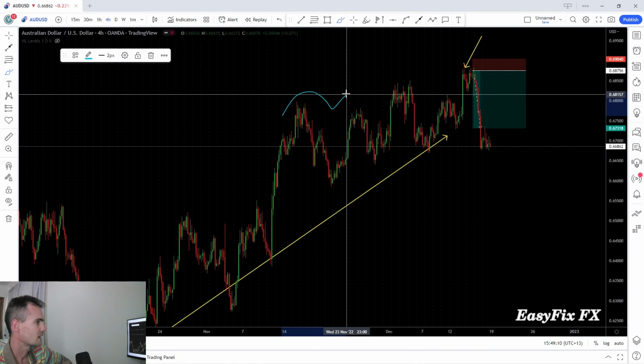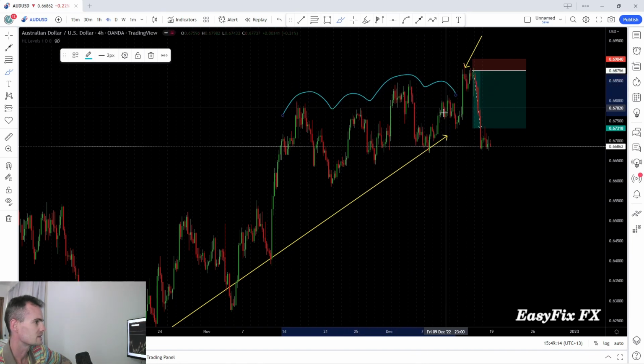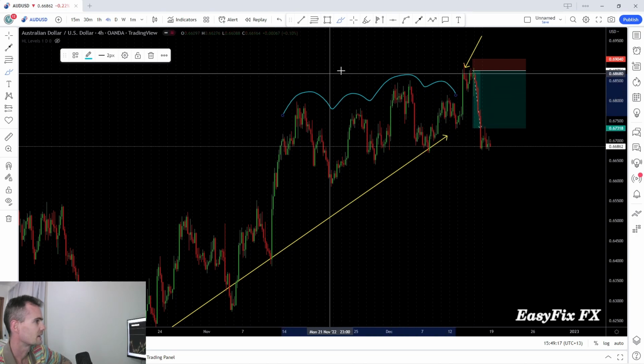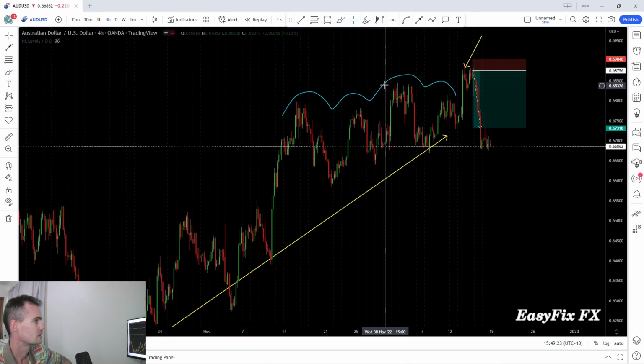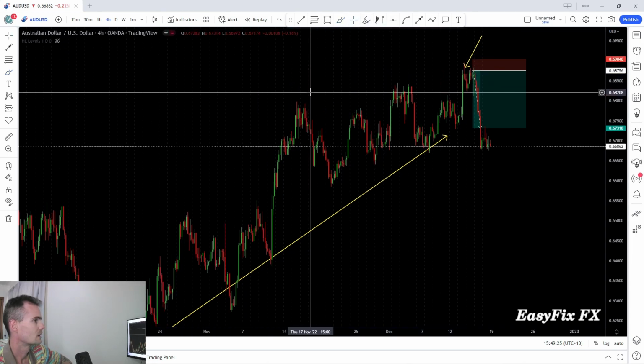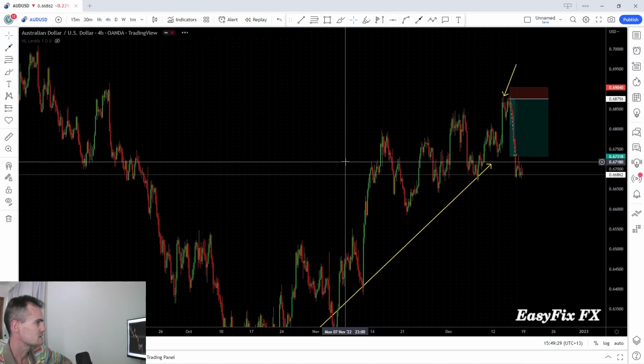You can see over here it's starting to not really push up, and you can also see it by this little drop over here. So I saw that the market was starting to slow down.